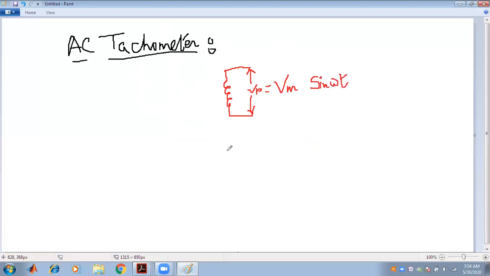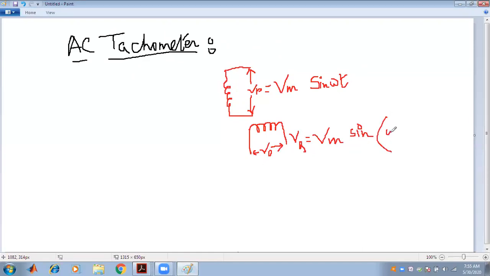And the other is the quadrature axis, with the arrangement of the winding that we have seen, where the output voltage V0 has a 90-degree phase displacement to the reference. So the quadrature voltage Vq can be written as Vm sin(omega t plus pi by 2).